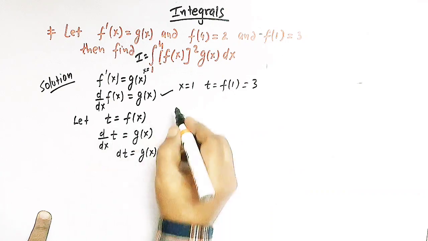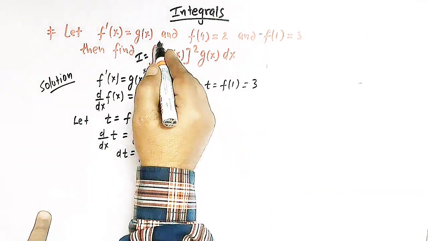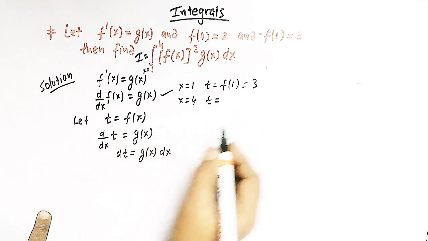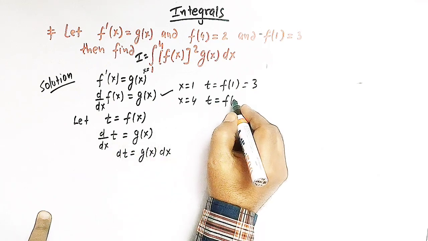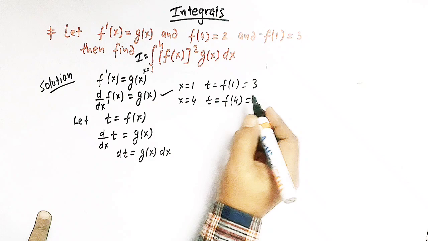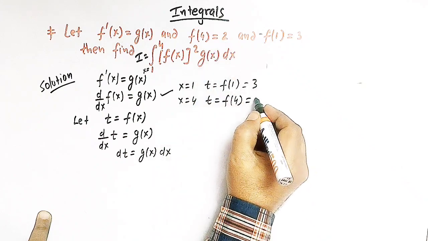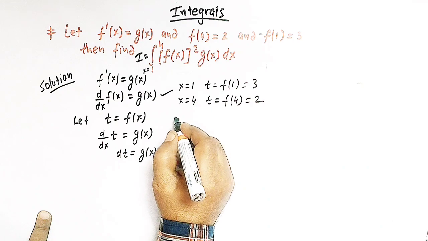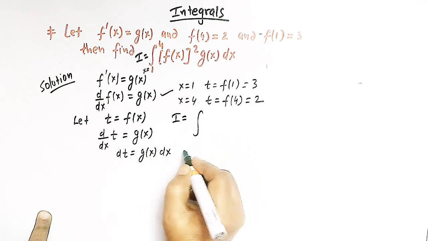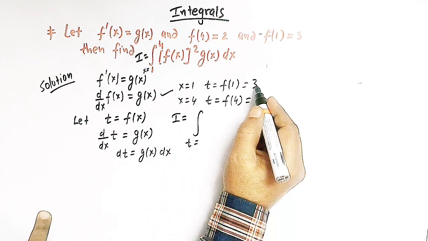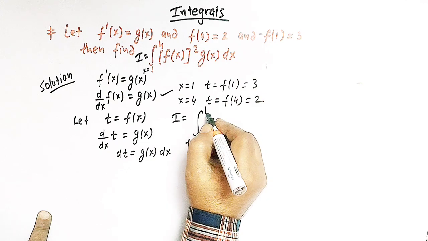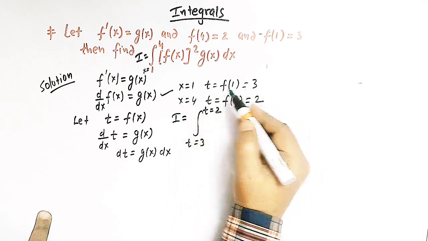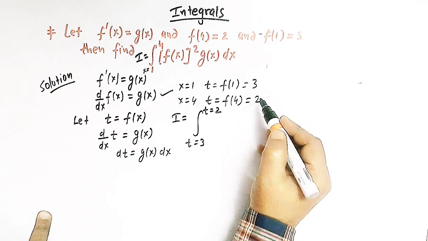And when x is equal to 4, the upper limit, t is f of 4, and f of 4 is given as 2. So t varies from 3 to 2, because when x goes from 1 to 4, t goes from 3 to 2.